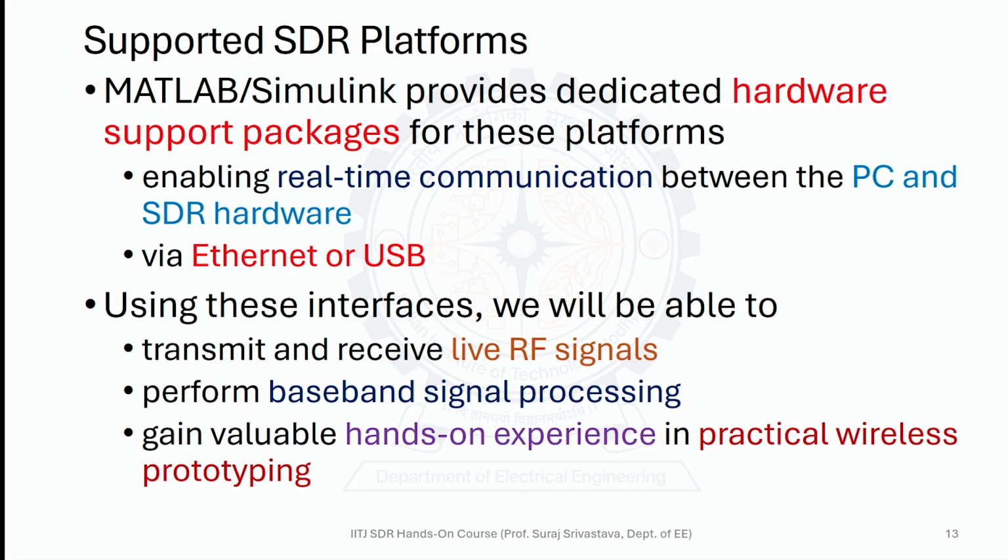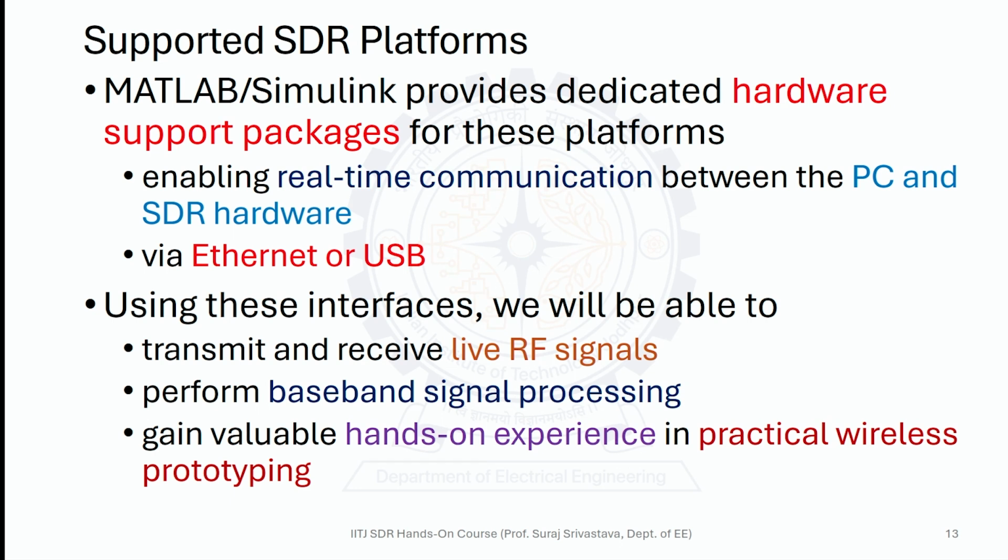One can perform baseband signal processing such as various signal processing algorithms, modulation, demodulation, channel coding, etc. And one can also gain valuable hands-on experience in wireless communication prototyping. So these are the advantages of SDR-based platforms when we use them with MATLAB and Simulink.